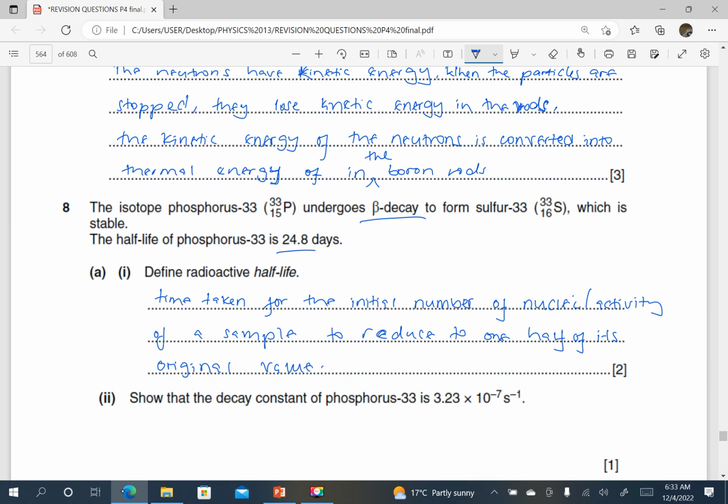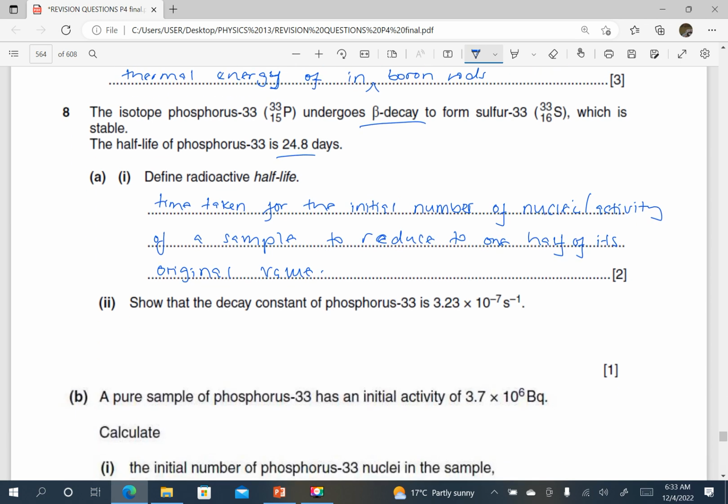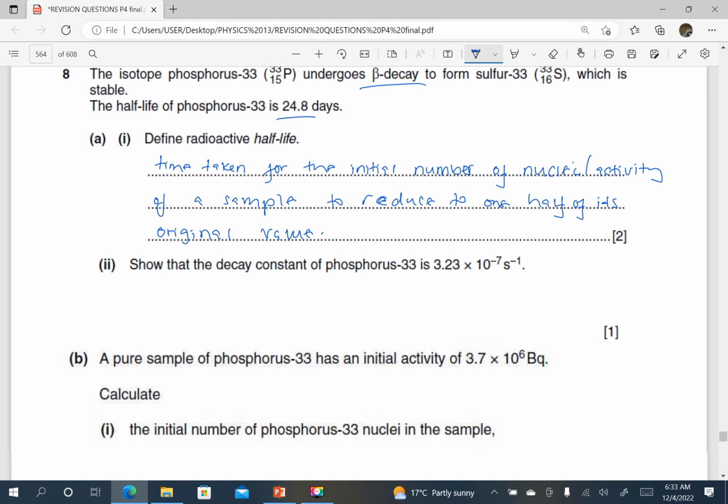So that's what we call half-life. The time taken for the initial number of nuclei in a given sample to reduce to half of its original value. The time taken for the activity of a sample to reduce to half its original value.